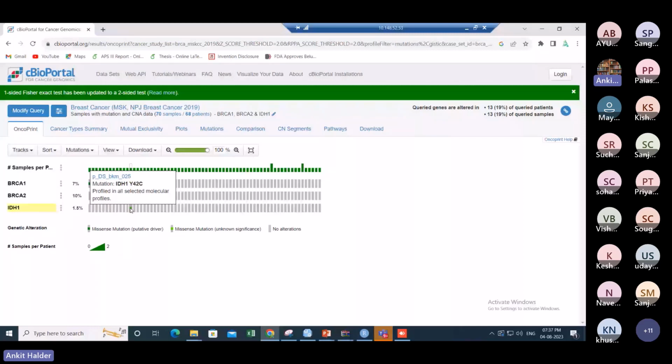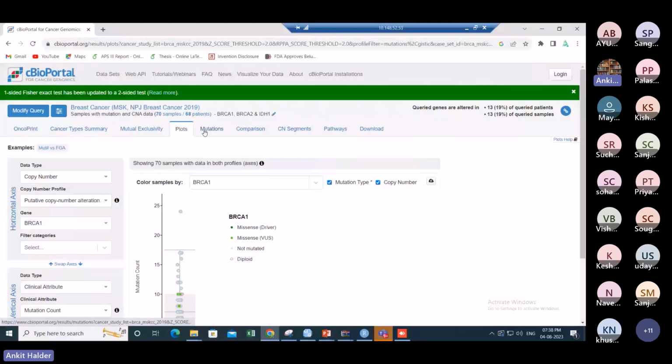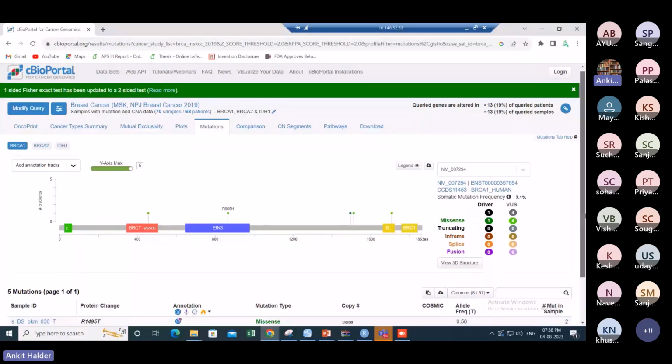Samples per patient, and then the mutations. Then you can find the mutual exclusivity, such as neither A nor B, the missense driver mutations, and how much each is associated, and where the protein change is.